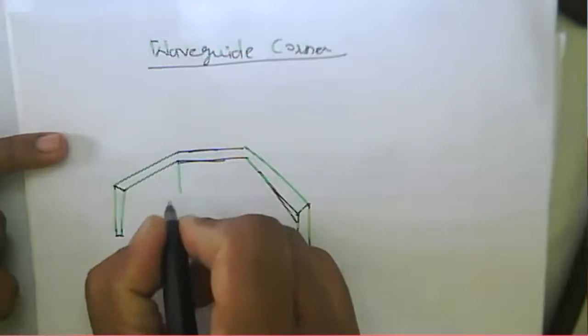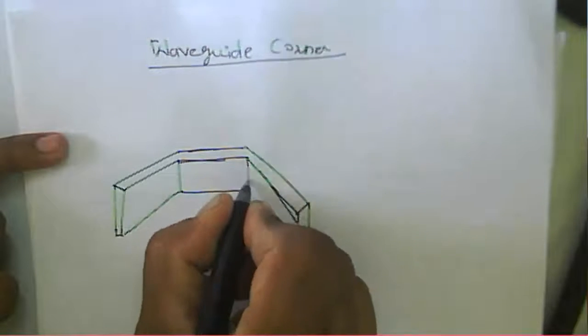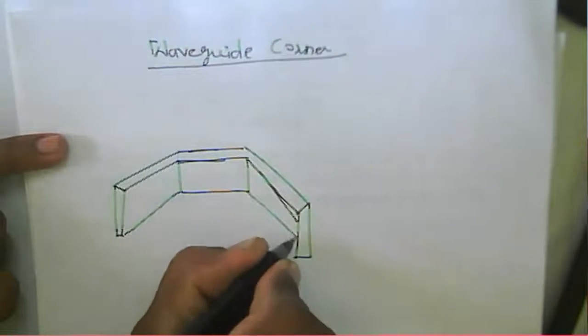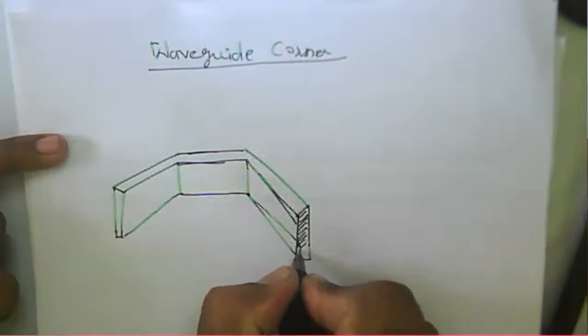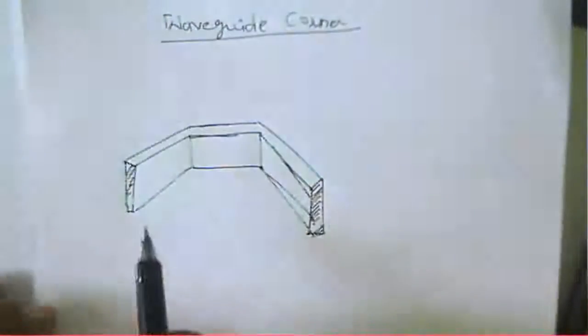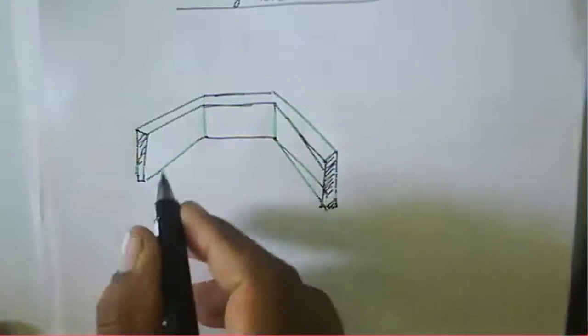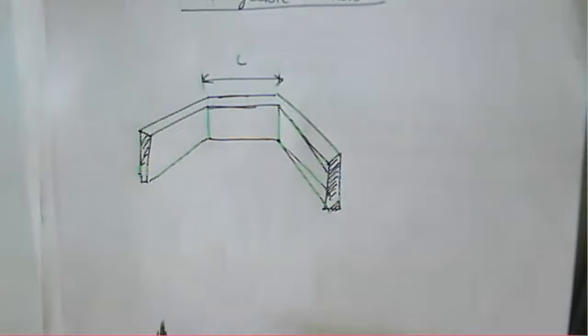We can say that this is the portion here where we have a corner. Okay, this is nothing but your waveguide opening. This is nothing but your waveguide. Here it is nothing but a corner, and that is about whatever the length we have. This is nothing but the length of that particular given corner.